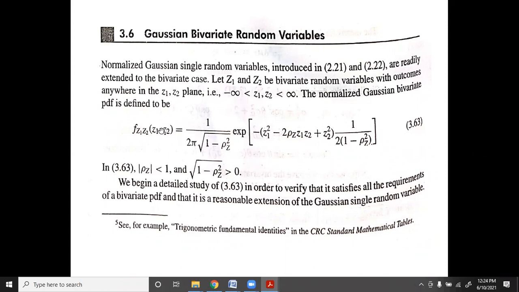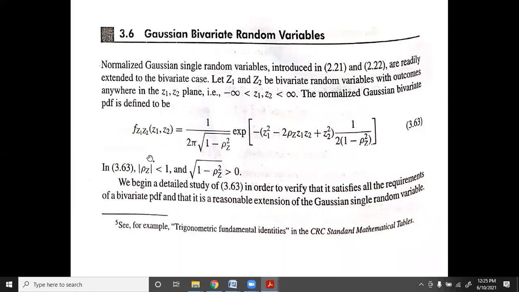The normalized Gaussian bivariate PDF is defined by the following expression. There is no derivation for this, it is the definition itself: 1 by 2 pi root of 1 minus rho_z squared, times exponential of minus (z1 squared minus 2 rho_z z1 z2 plus z2 squared) divided by 2 into (1 minus rho_z squared).